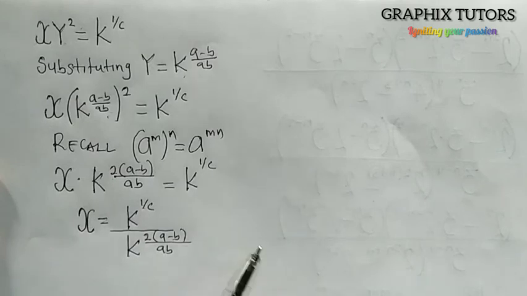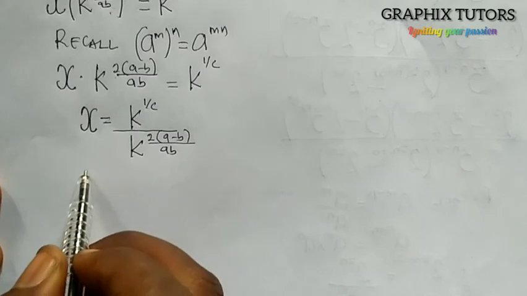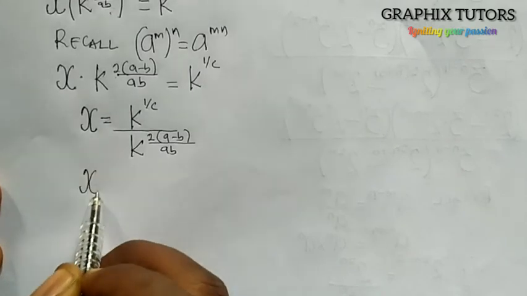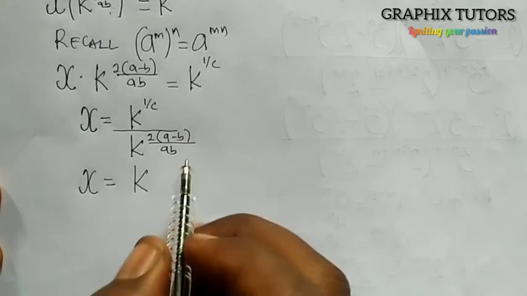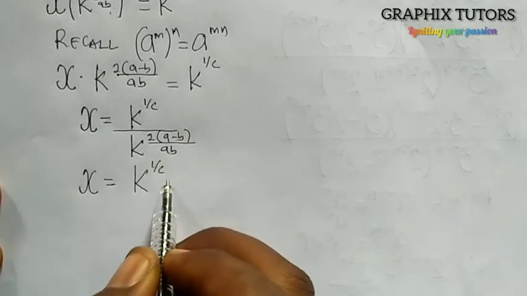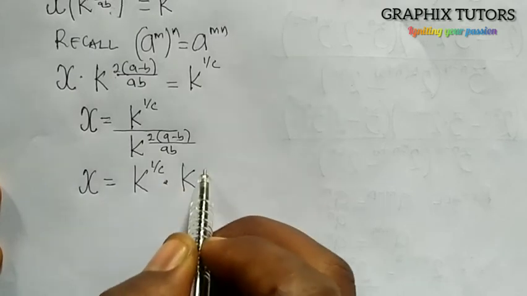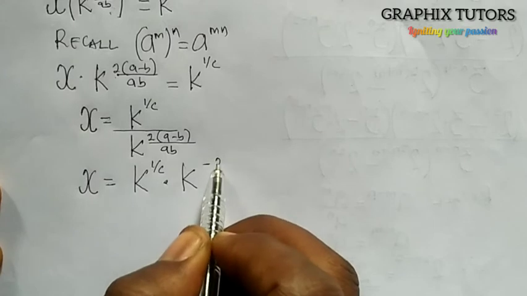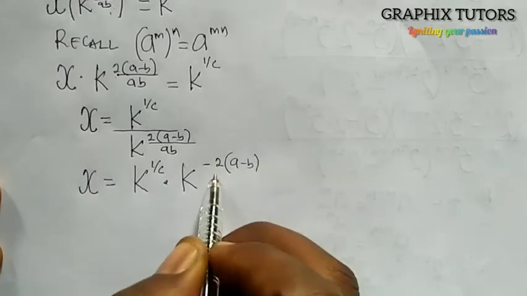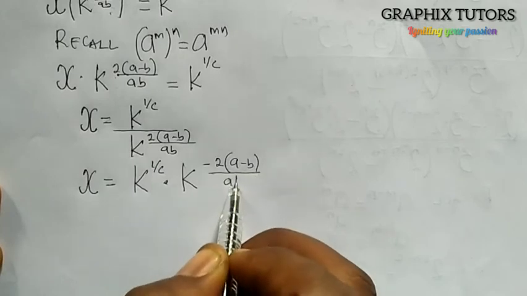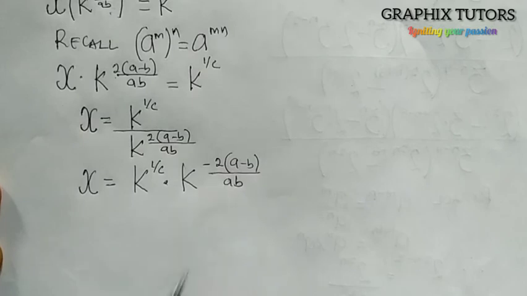Now when this is going up, this will now give me my x equals k to the power of 1 over c multiplied by k to the power of minus 2 into bracket a minus b, everything over ab. Now because I'm taking it up, it has a negative sign to it.